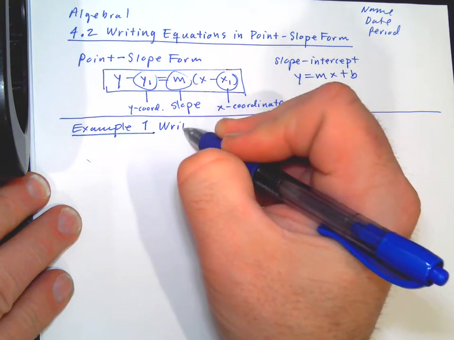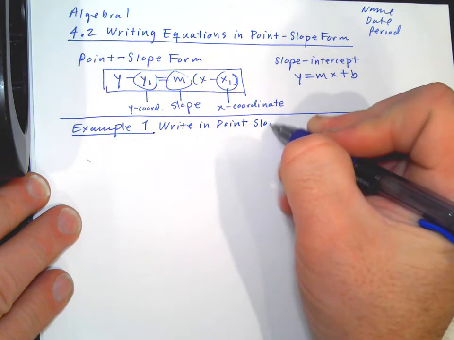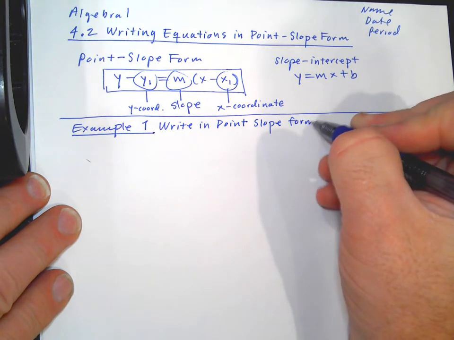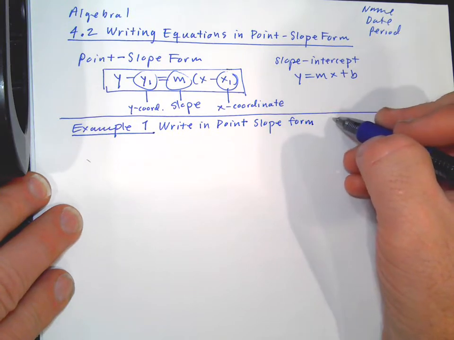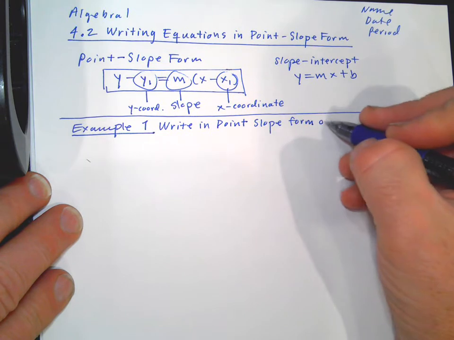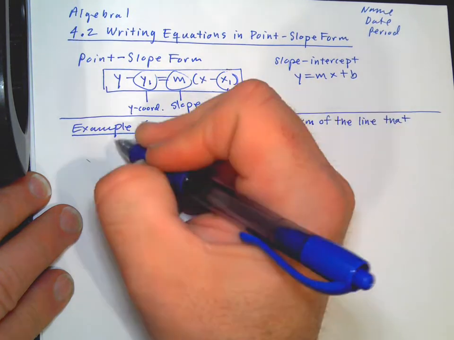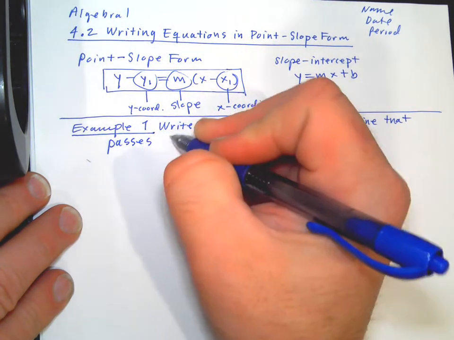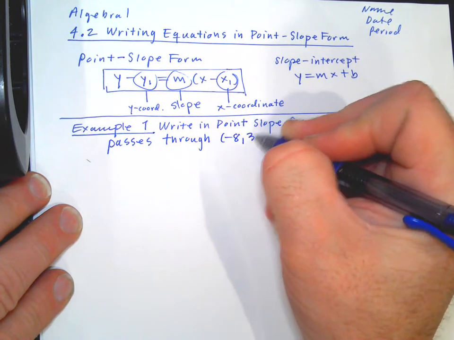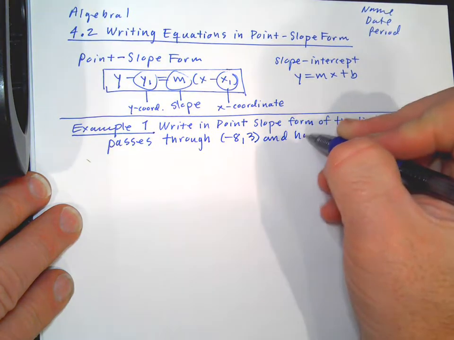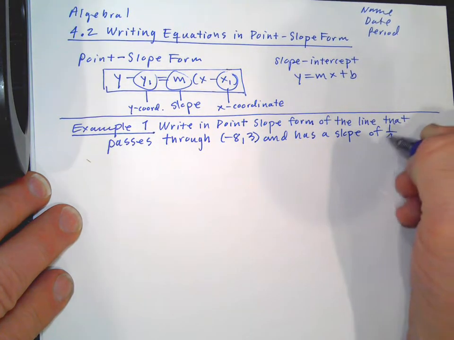So example 1 says, write in point slope form of the line that passes through (-8, 3) and has a slope of 1/4.